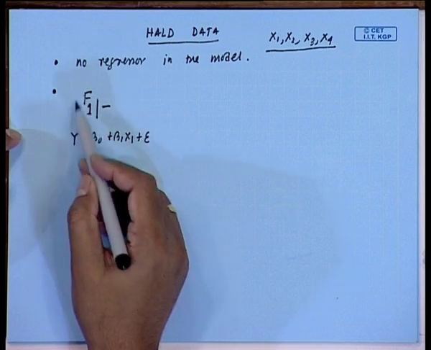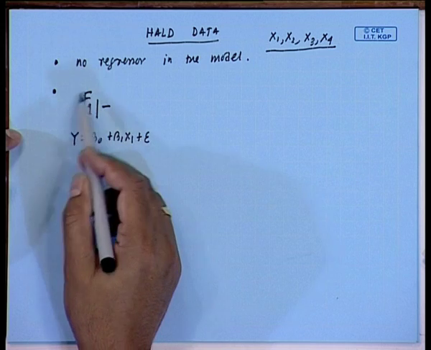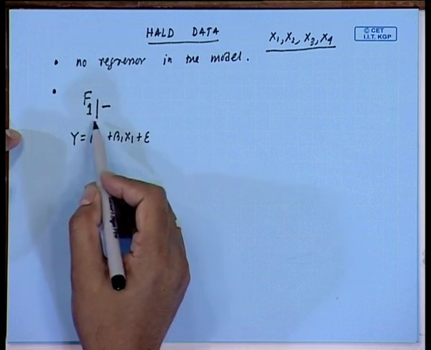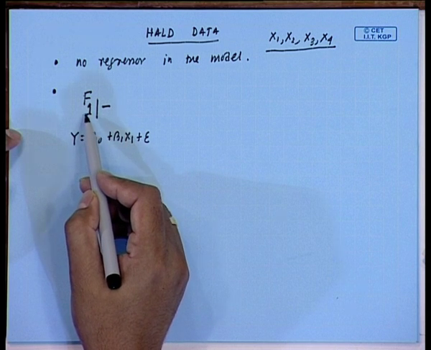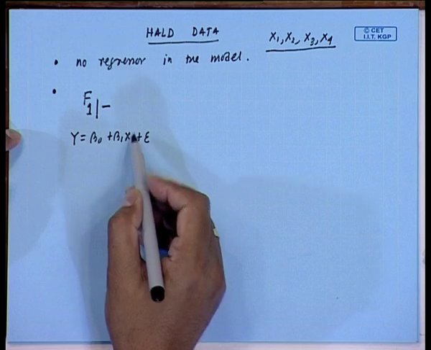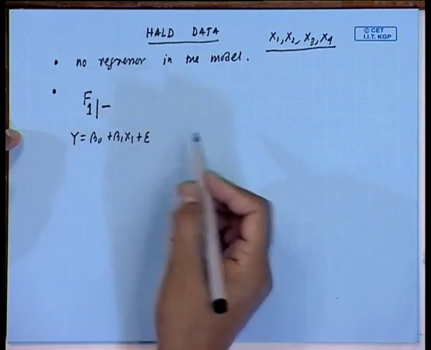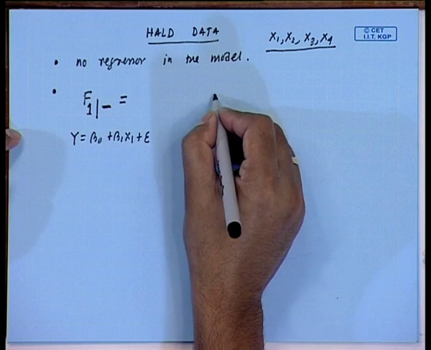This is the F statistic, but in terms of the partial F value, it is the partial F value for the regressor x1 in the presence of no other regressor in the model. We compute this value.